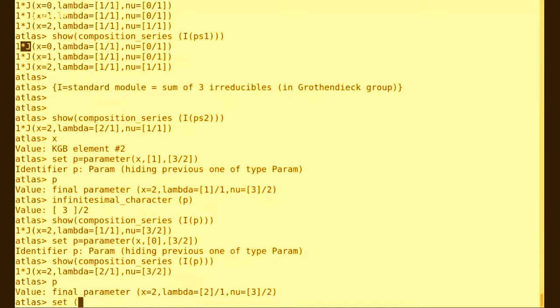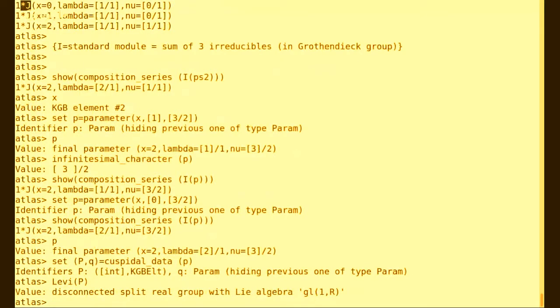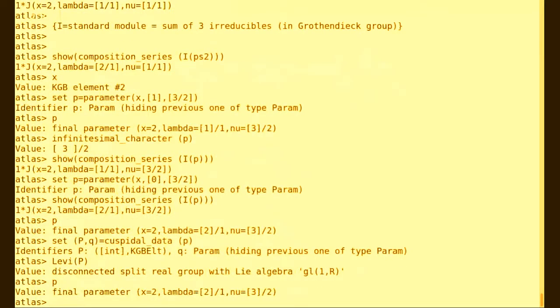We can set PQ to be the cuspidal data of this parameter. This is a parabolic, and the Levi factor of P is this torus GL1, and there is this character of GL1.